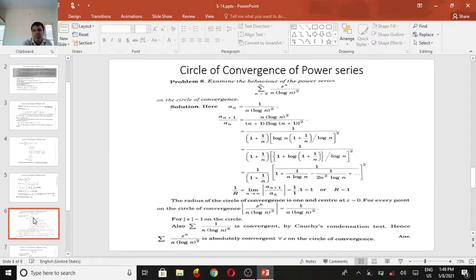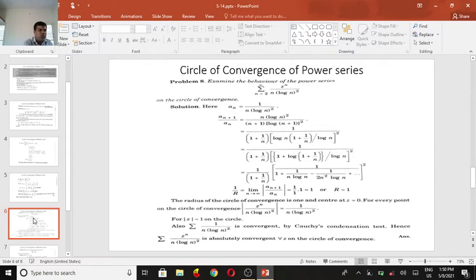Again, this is equal to 1 divided by 1 plus 1 by n, times 1 plus log of 1 plus 1 by n divided by log n, whole square.